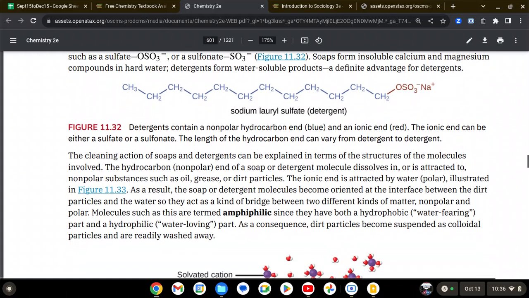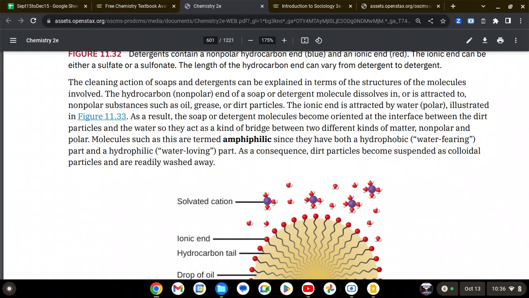The cleaning action of soaps and detergents can be explained in terms of the structures of the molecules involved. The hydrocarbon end of the soap or detergent molecule dissolves in or is attracted to nonpolar substances such as oil, grease, or dirt particles. The ionic end is attracted by water, as illustrated in Figure 11.33.